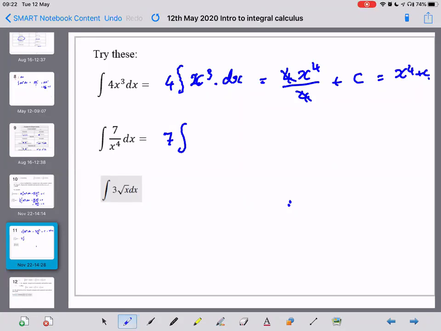You said you'd end up with 4 over 7, so I don't quite see where that came from. Oh no, that was at the beginning, so the whole thing was wrong. Because this x to the 4 is on the bottom of a fraction, that would be 1 over x to the 4. You need to get the x to the top of that fraction, so it's just x to the power of something. What would that be, using the laws of indices?